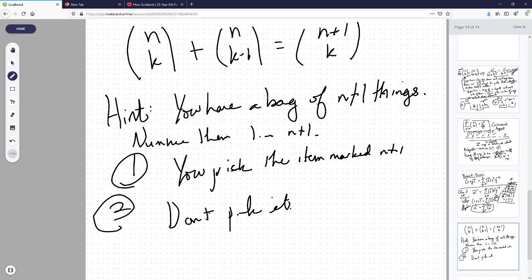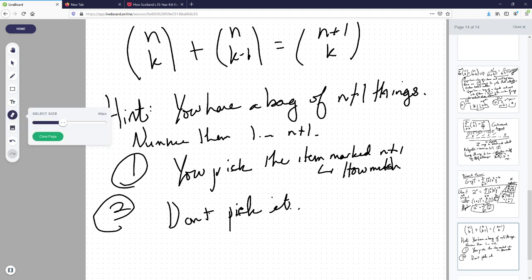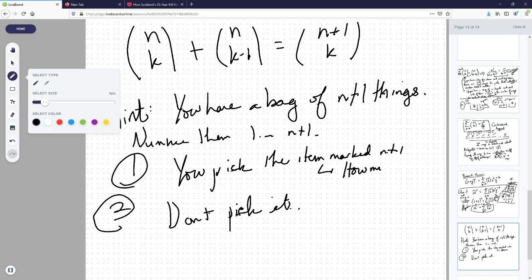Theoretically, this class is devoted to the inclusion-exclusion principle, which we'll get to, but I don't mind doing some homework review. So if you do pick it, then the questions that you have to ask are, how much is left in the bag?